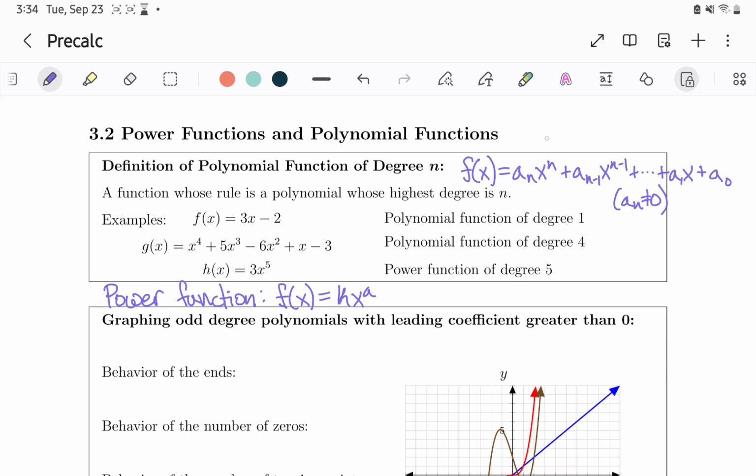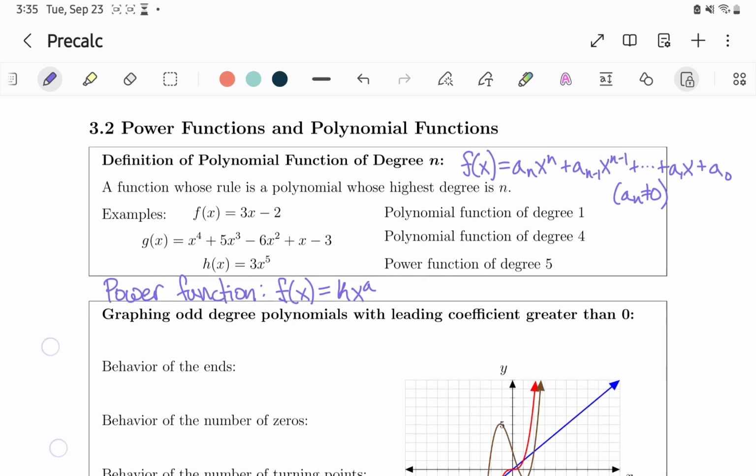So unlike with the polynomial functions, where we require the exponents on the variable x to be integers, with the power functions, we only have one term, and we do allow the exponent to be any real number. It doesn't have to be a positive integer per se.